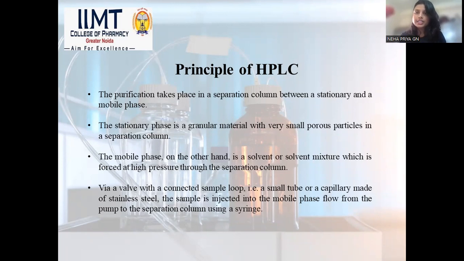As the separation takes place, the two components will start getting separated according to their affinity towards the stationary phase or mobile phase. After the separation, the detector will detect these two components, and after detecting them, it will give us one result.